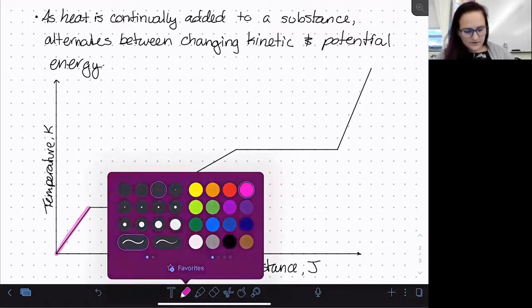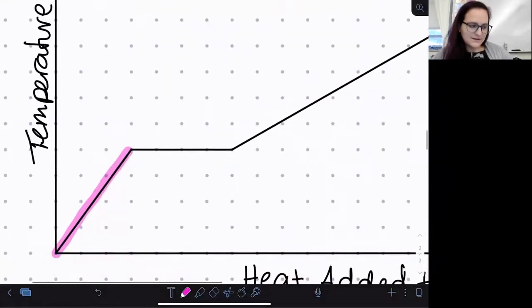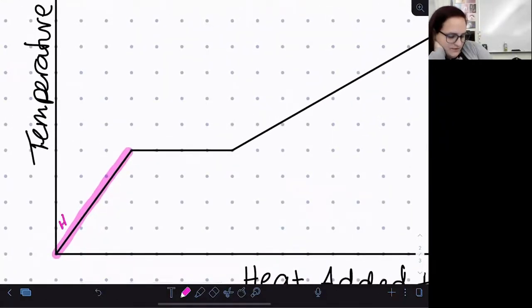So what this first segment represents, if we're moving left to right, is that we're heating our solid as we move in this direction, which is kinetic energy increasing as heat is added.